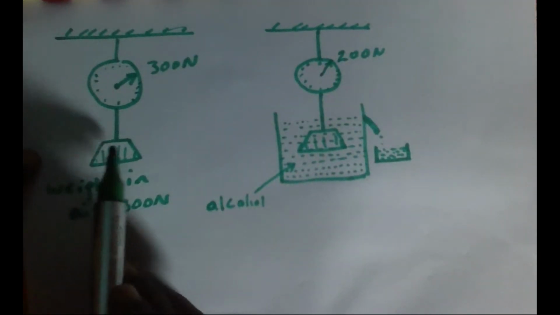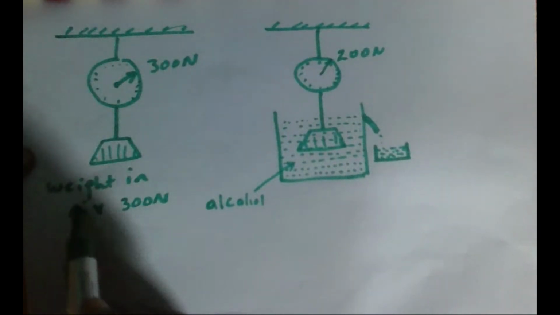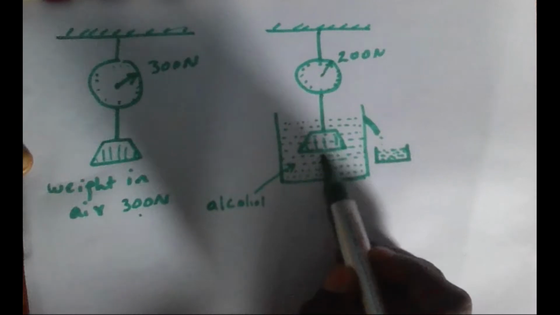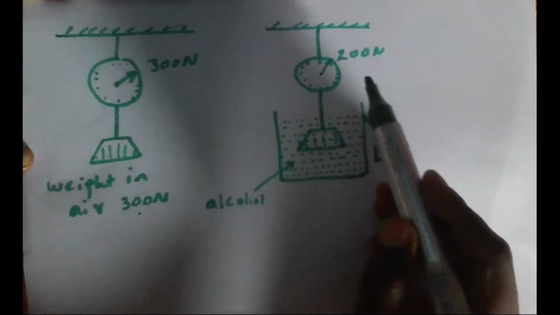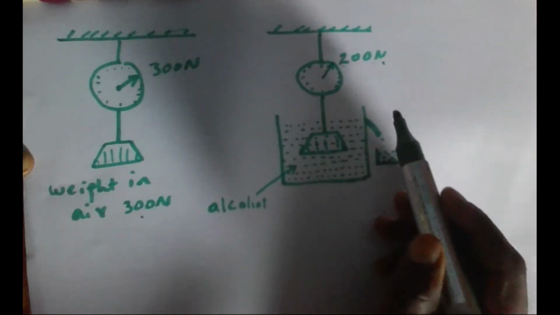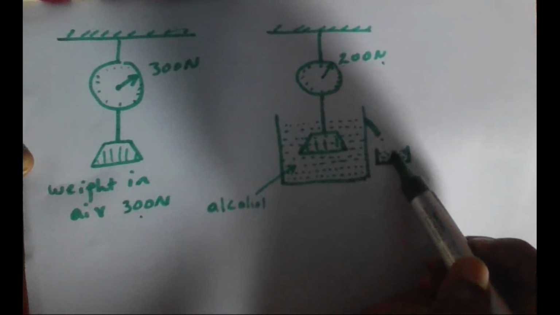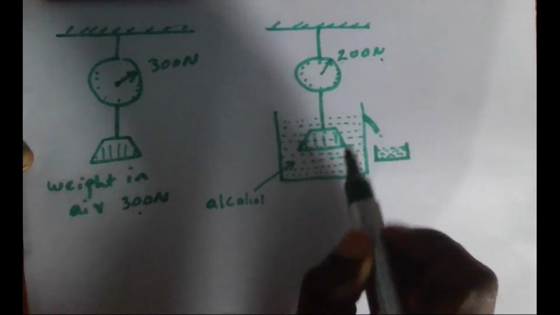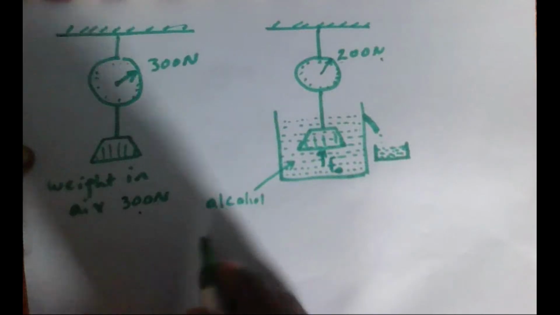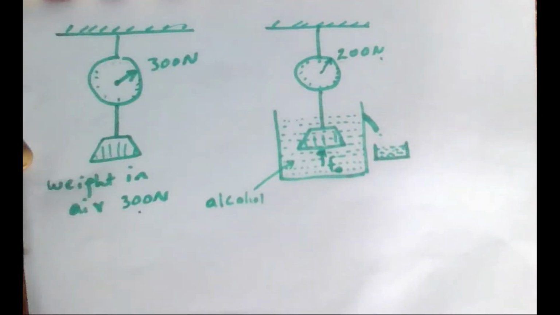When we measure the weight in air, it is 300 Newton. Weight when we immerse it into the alcohol is 200 Newton. Due to the displaced liquid, there is an upward buoyant force Fb. To get the buoyant force, we can subtract 200 from 300.